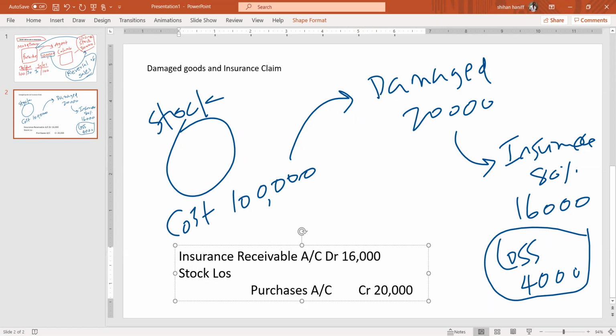Stock losses account, which is other expense, debit only 4,000. So this is the double entry.